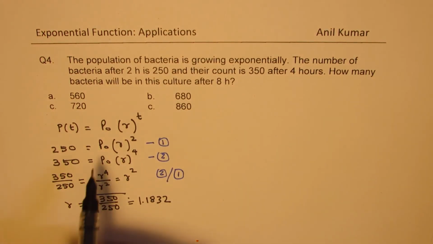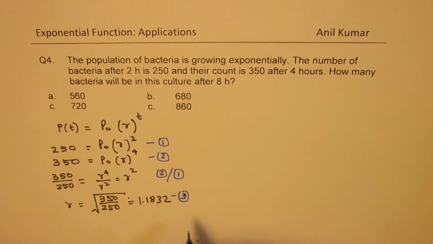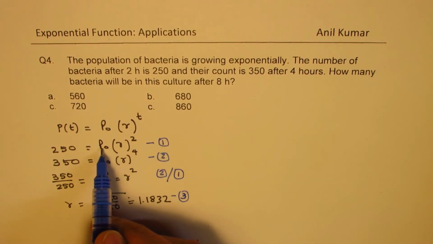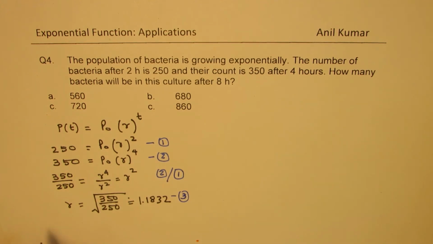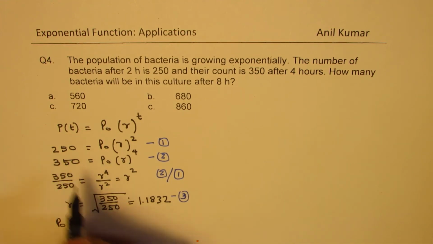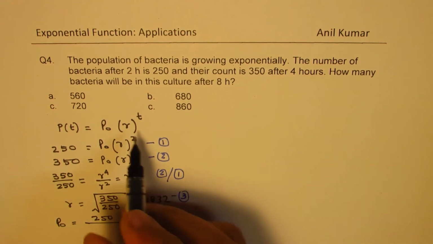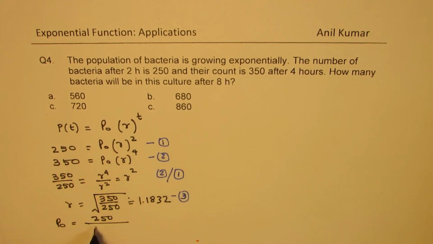And since that is the case, we can use this equation 3 and equation 1 to find initial population, right? So from here, we know initial population is 250 divided by R square, right, which is 1.1832 square.